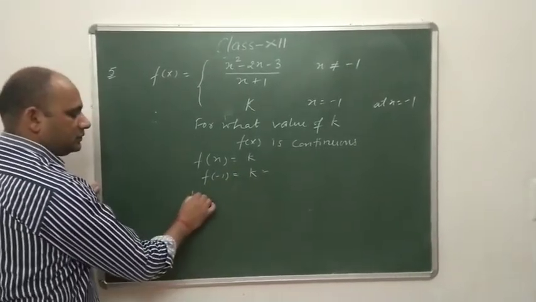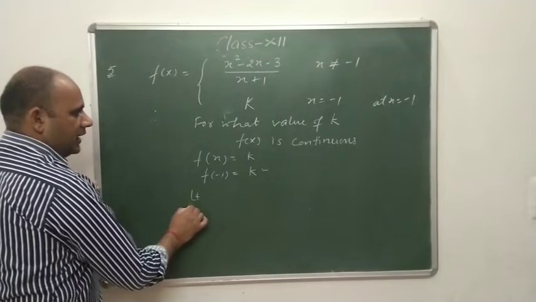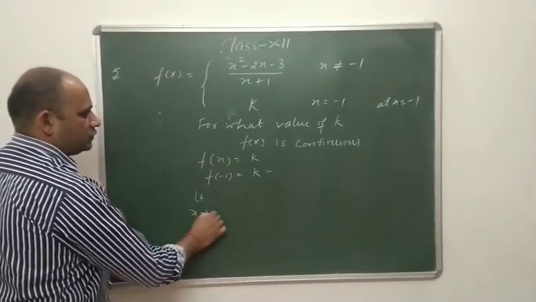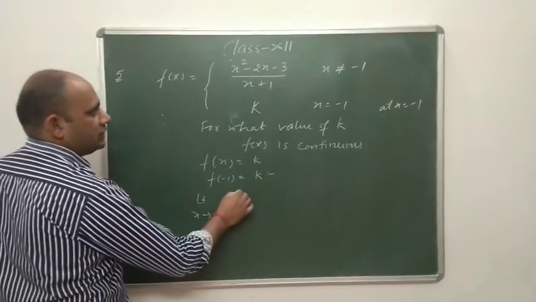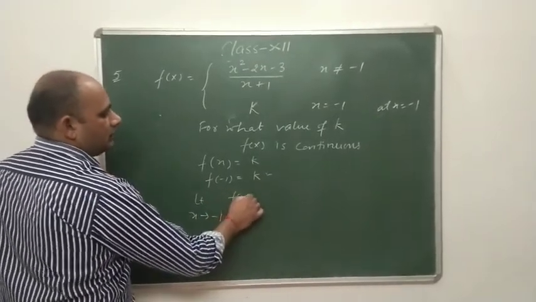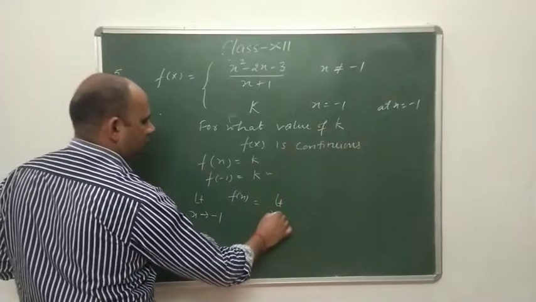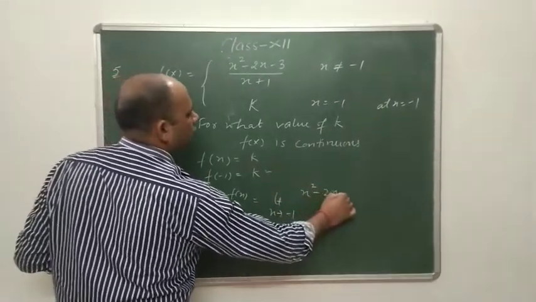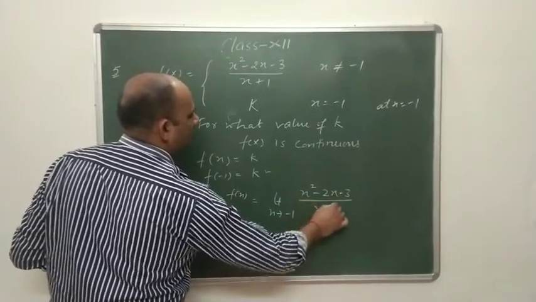And limit x tends to minus 1, the function is limit x tends to minus 1 of (x square minus 2x minus 3) upon (x plus 1).